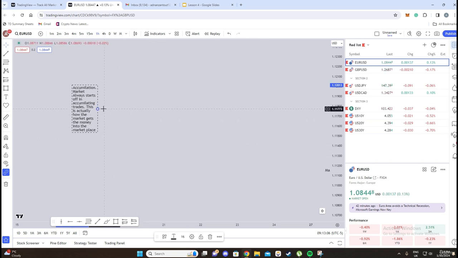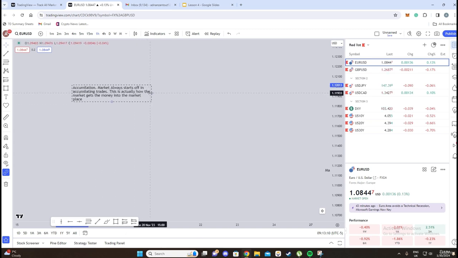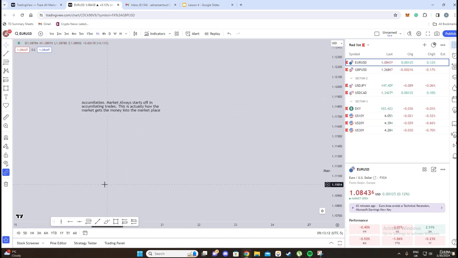Because when you win a trade, where's that money coming from? It's not coming from my pocket. It's not coming from someone else's pocket. It's not coming from your broker's pocket. It's coming from the mass majority of uninformed traders' pockets. That's where the money is coming from. And it's coming in the form of buy side liquidity and sell side liquidity, or buy stops and sell stops. So that's what accumulation is. It's just getting the money into the marketplace.